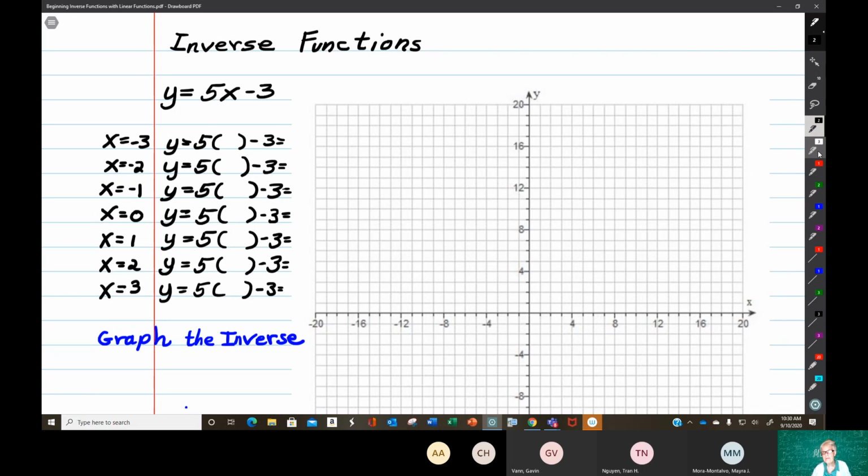Some functions have inverses and some functions don't. We're going to talk about how you can tell which kind of function will have an inverse. Okay, but first we're going to talk about one of the really neat things about inverses that totally blows me away.